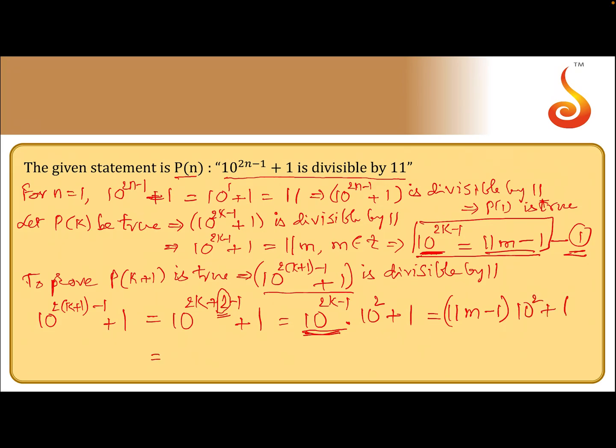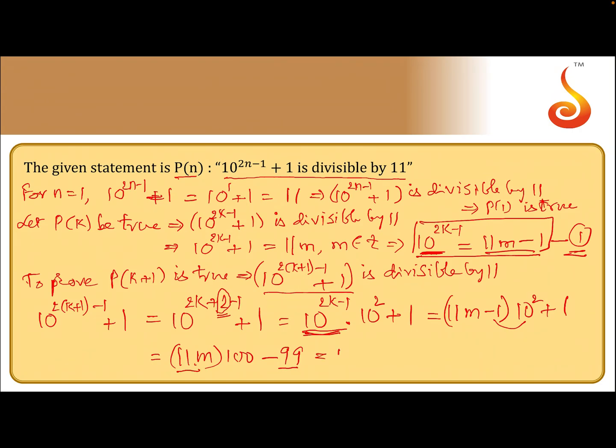That equals 11m times 10^2, that is 100, minus 1 times 100, plus 1. Minus 100 plus 1 is minus 99, which can be written as 11 into 9.